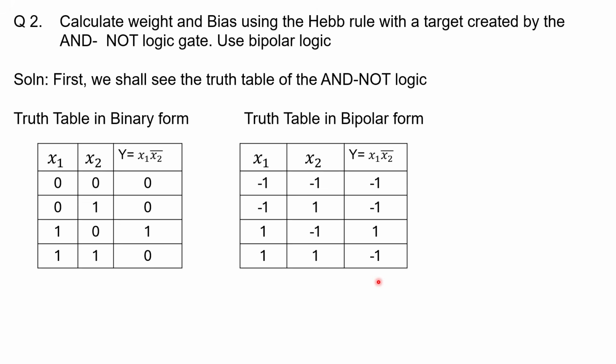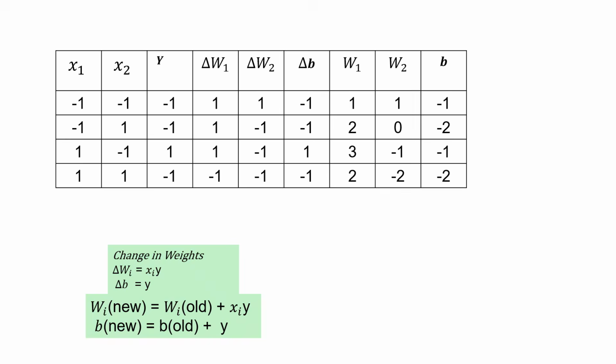Now we shall see how to update the weight and bias using Hebb's rule for this truth table of the AND NOT logic with bias. The truth table is updated here with x1, x2, y, change in weight, change in bias, updated weight and updated bias, which are going to be calculated.